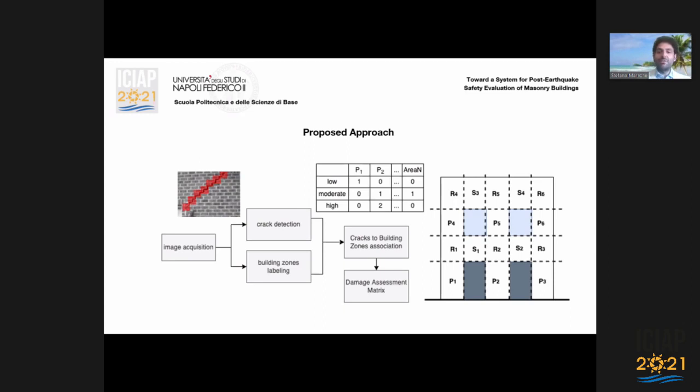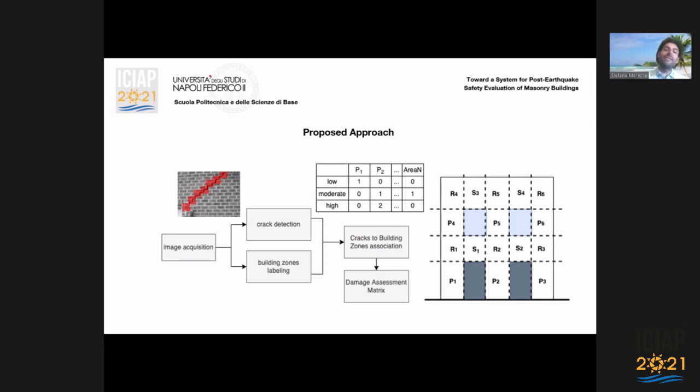This approach is based on the interaction of two different vision-based predictive models that have the objective to detect, localize, and quantify the damage. Starting from detecting the openings, the piers and the spandrels and the rigid zones will be identified, followed by the definition and the detection of the cracks for each of these portions of the building.